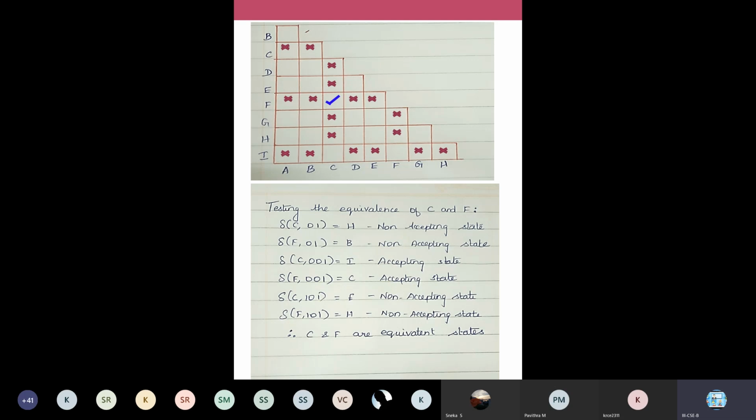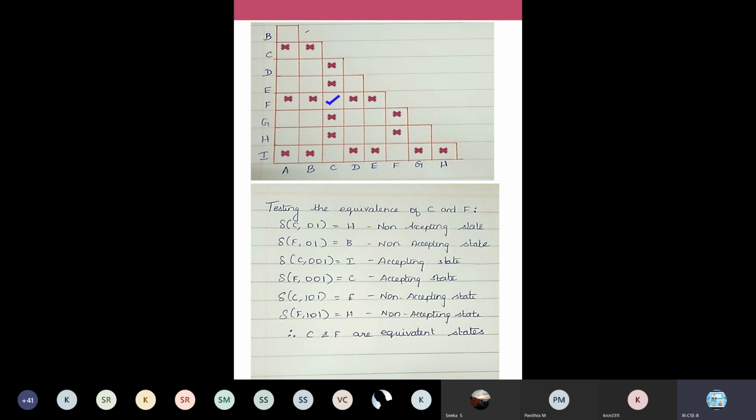For single length strings like 0, apply 0 on both C and F. Apply 1 on both C and F, or apply 1 1 on both. If the transitions are similar, then you can write they are equivalent, and you mark a tick in your table. Now you go to your table and mark a tick in C and F. It means that C and F are equivalent states.